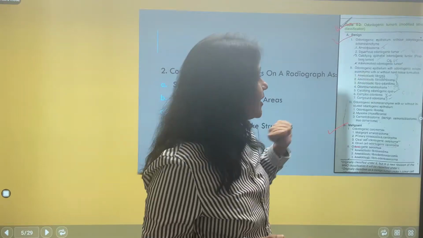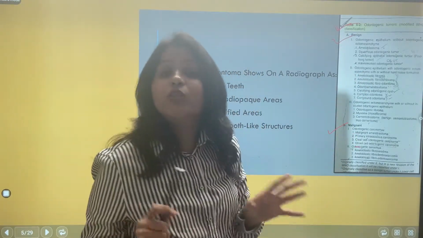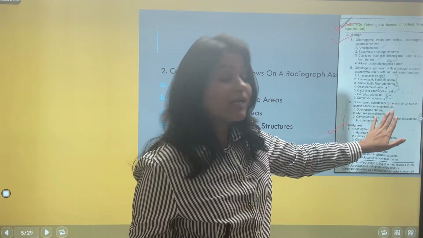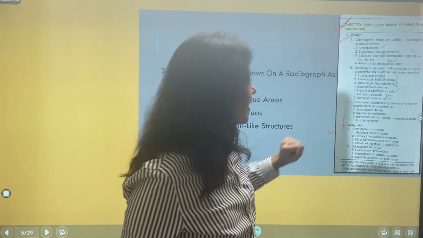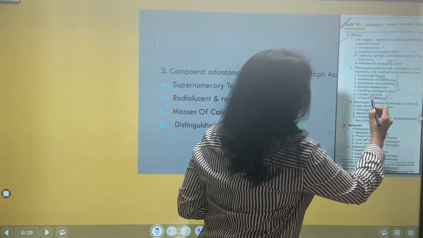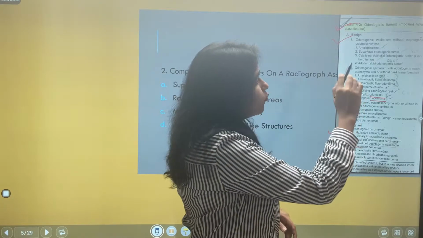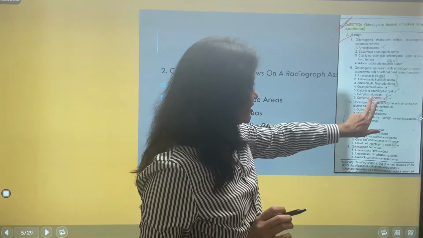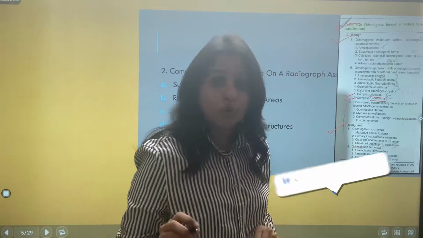Then tumors that arise from the odontogenic epithelium and odontogenic ectomesenchyme with or without hard tissue formation, and tumors that arise from the odontogenic ectomesenchyme with or without included odontogenic epithelium. These are the three categories. Now the odontome, it falls in the second category, that is tumors that arise from the odontogenic epithelium with odontogenic ectomesenchyme. Now odontome, as you can see in the classification, they are of two types: complex and compound odontome.